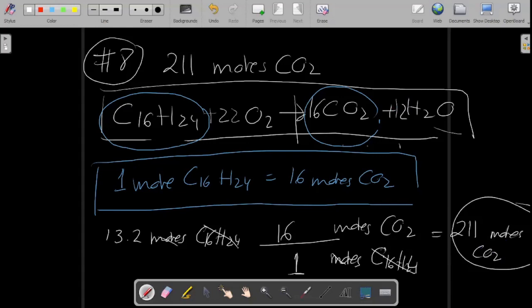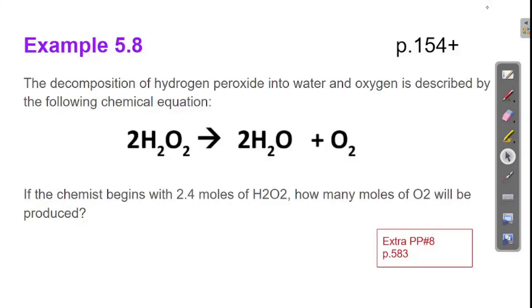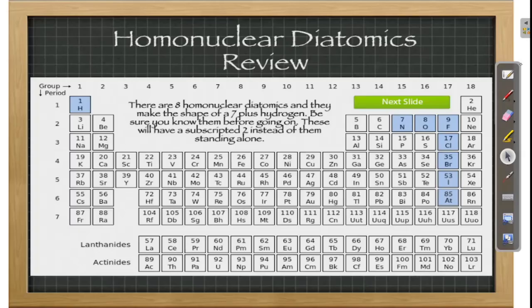Okay, let me erase this and go back here. Now, make sure that you know your homonuclear diatomics. You need to know what elements exist in groups of 2. There are 8 of them. This may help you or not.